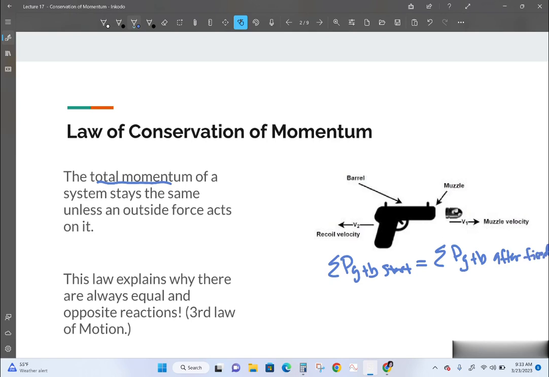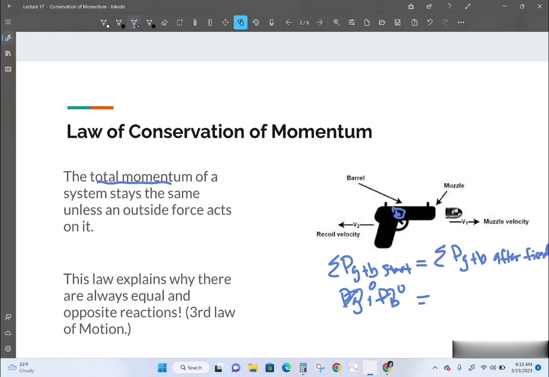So let's talk about that. To begin with, the bullet is sitting inside the chamber here. Both the gun and the bullet are at rest. So the momentum of the gun and the momentum of the bullet, both of these are zero. So there is zero total momentum.